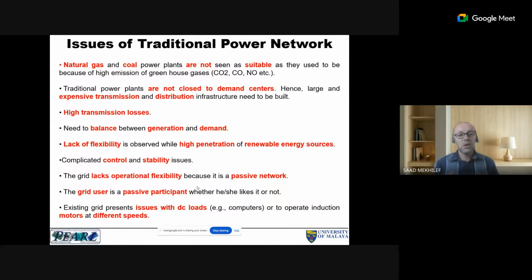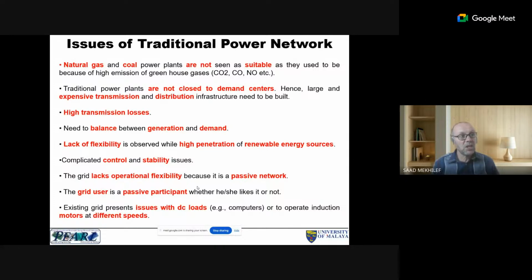Okay, so it's very rigid, meaning it does not accept high penetrations of renewables. For example, if you have so many houses having photovoltaic systems, the grid doesn't accept this high penetration. Maybe a small penetration is fine, but once it reaches a certain limit, it becomes disturbing to the grid.